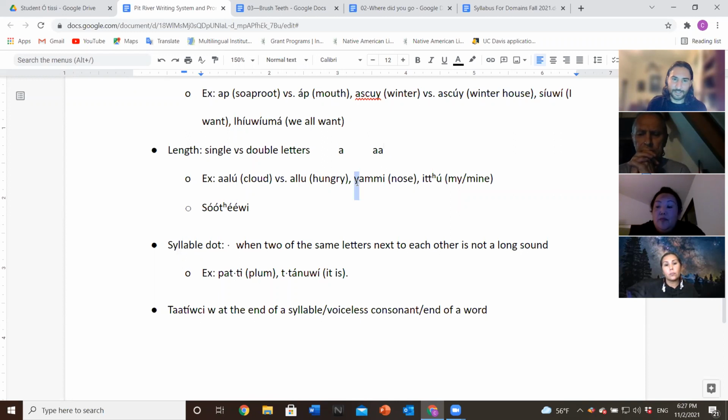Here's just some other examples of words with longer letters. So we have yummy for nose, yummy. So you kind of hold that M a little longer. The T is longer. So this is kind of where it gets more difficult, the aspirated T, the T sound.